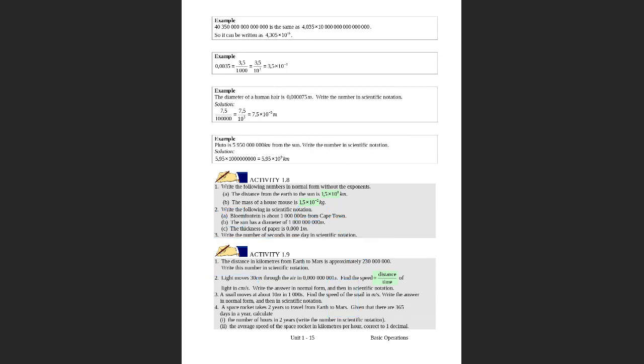Let me just use this. Can you see my writing here? I'm writing zigzag.